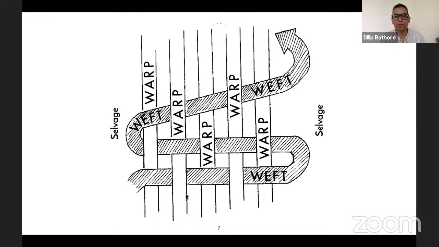So the warp, which is the one yarn which is vertical here, is put first, and then another yarn which goes in between the warp is called the weft. That's how the fabric is made, and wherever it is taking a turn or ending, those are the thicker edges or selvage.